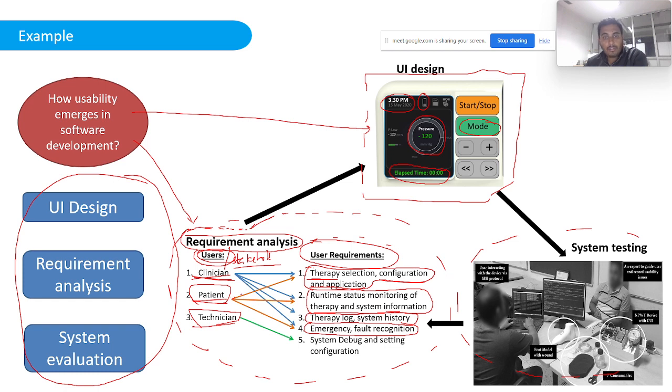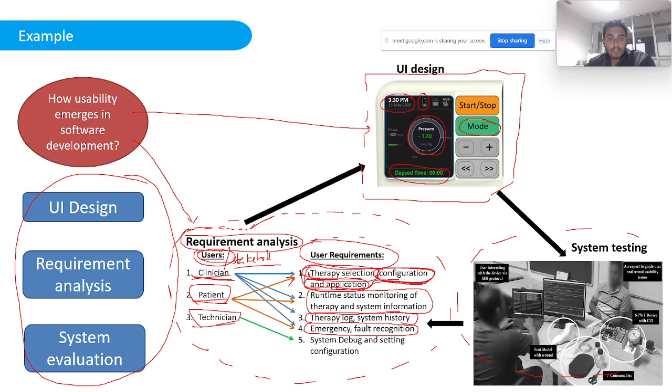Similarly for the patient, even when he is not using it actively, since he is the person on whom the therapy has been implemented, he should also be able to monitor this information, like which particular therapy he is undergoing and which set of configuration is applied.